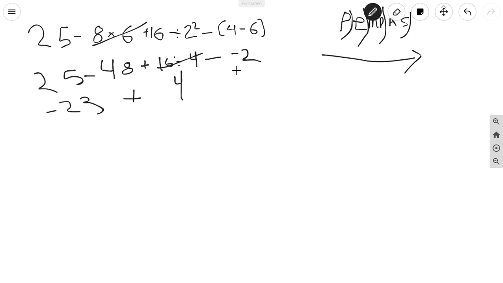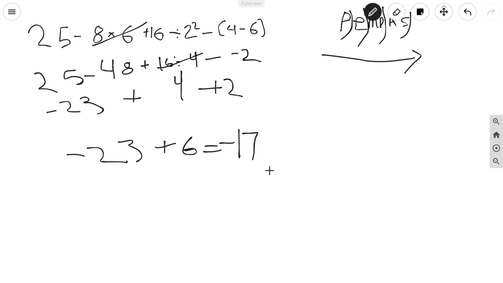Subtracting a negative, you get a positive. So minus negative 2 is the same as adding 2. So negative 23 plus 4 plus 2 is negative 23 plus 6, which gives me negative 17.